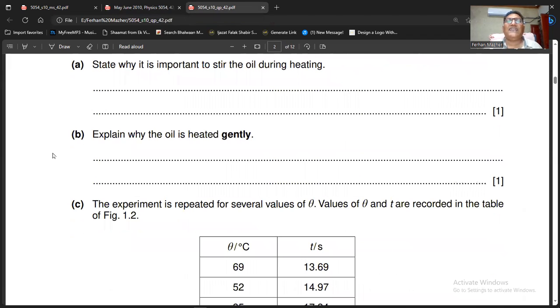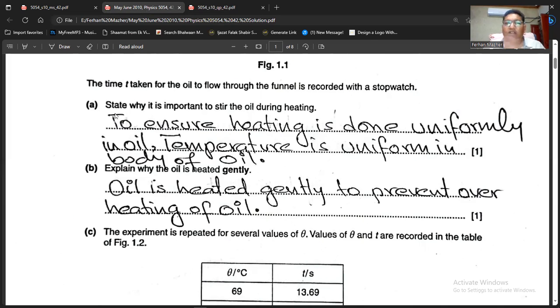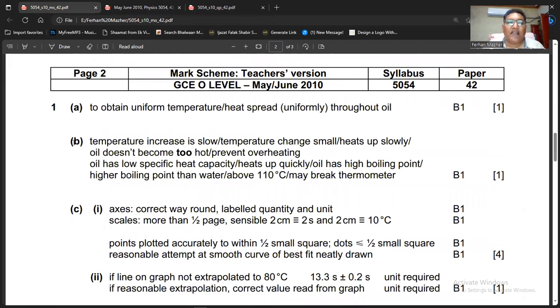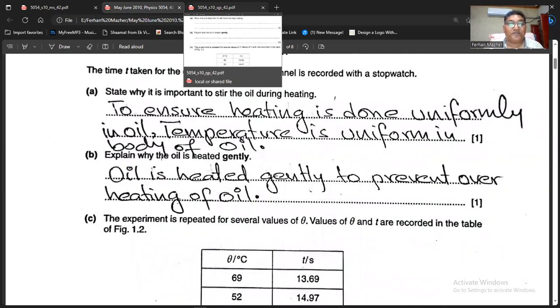Part B: explain why the oil is heated gently. You see, if you give an excess amount of heat, the oil will burn and become too hot. So the oil is heated gently to prevent overheating of the oil. Sometimes the oil can even catch fire, and it might start boiling also.